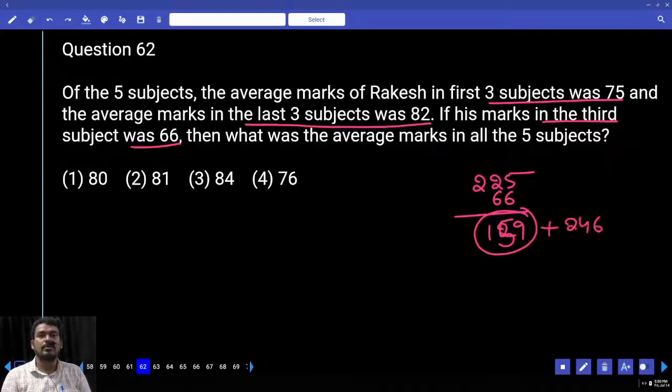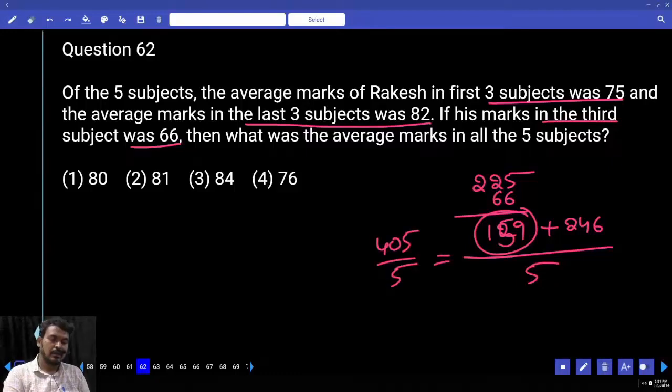It is the sum of how many papers? First 2 papers and last 3 papers, total 5 papers. Divide by 5: 159 plus 246 will be 405. Divide by 5. What is the answer?